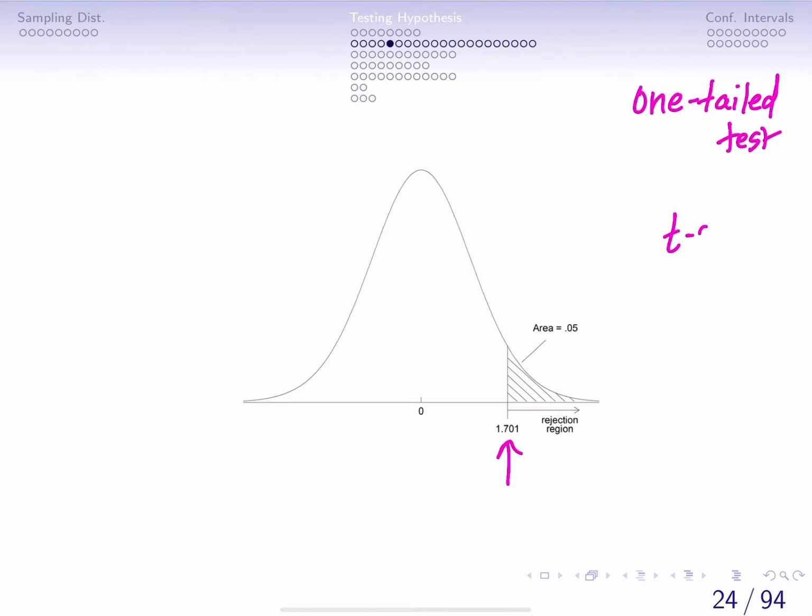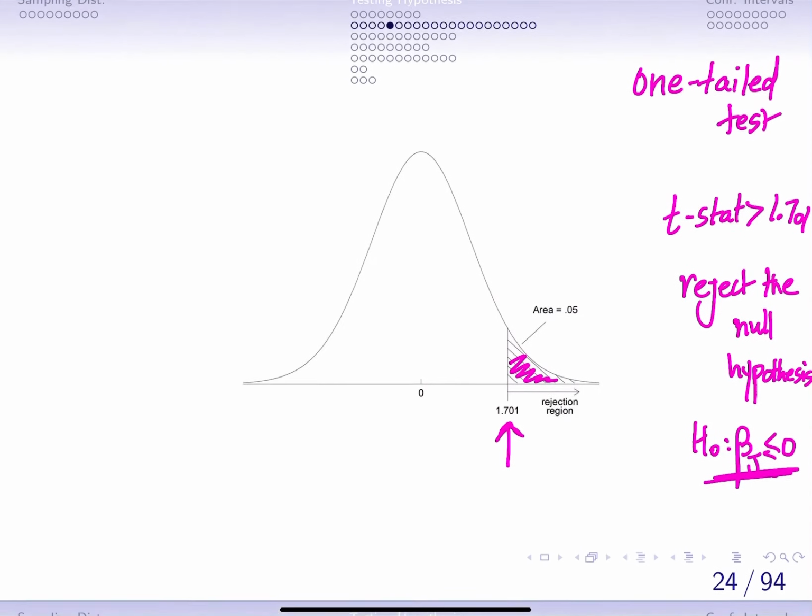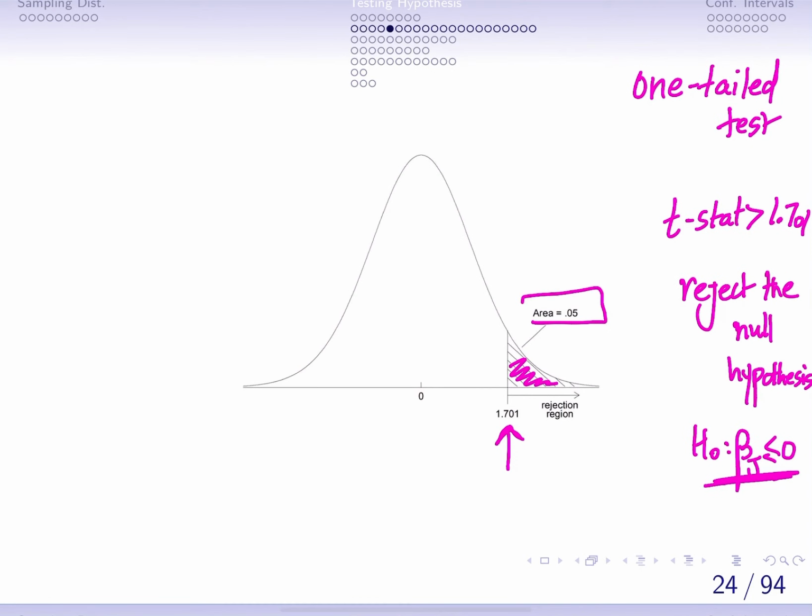If our t-statistic was greater than 1.701, we would be in this region right here, and we would reject the null hypothesis. Our null hypothesis was beta j is greater than or equal to 0, so this is going to be rejected when the t-statistic is greater than this value. And we've conducted the test at 5%.